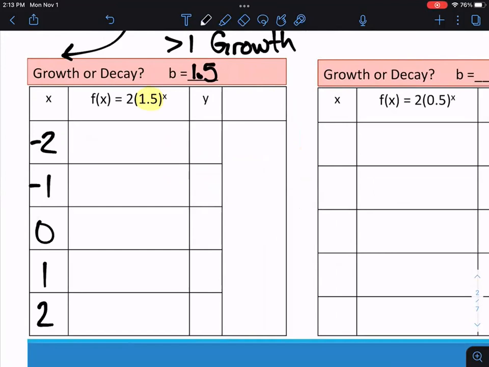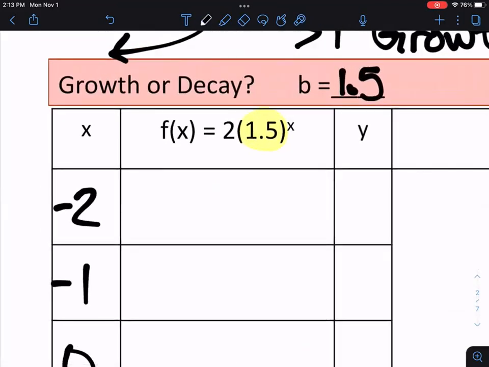In order to do this, we just need to get our calculators out. If you have a scientific calculator, you can do this all in one step, just typing it all into your calculator. So you're going to do 2 parentheses 1.5, and then we need an exponent of -2. So we would plug that -2 in for x.